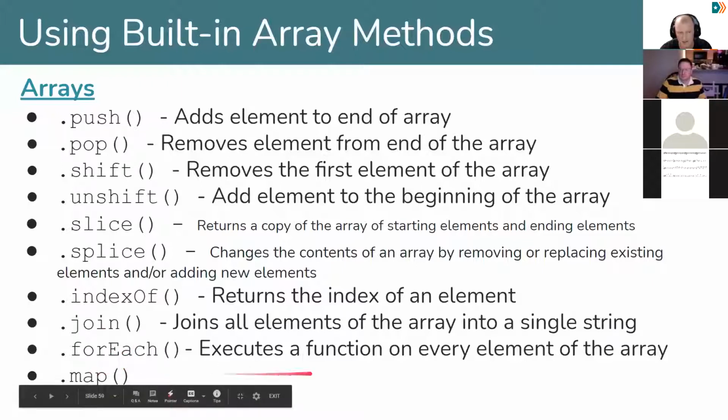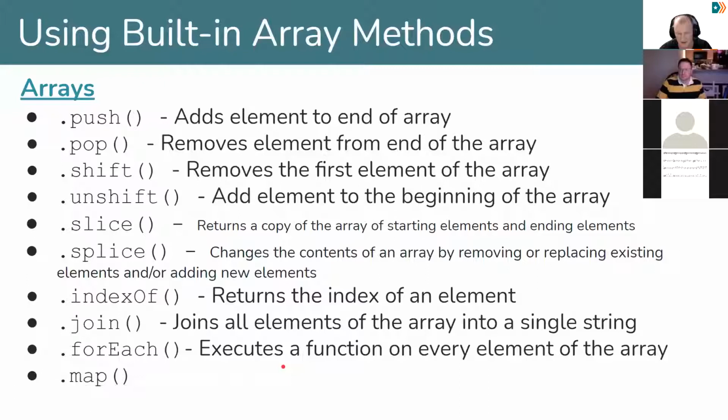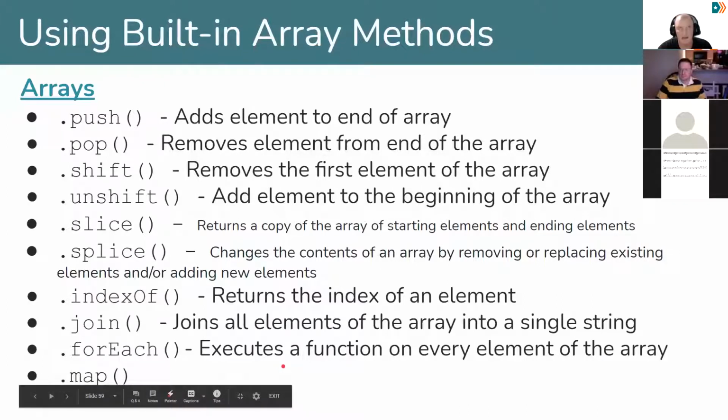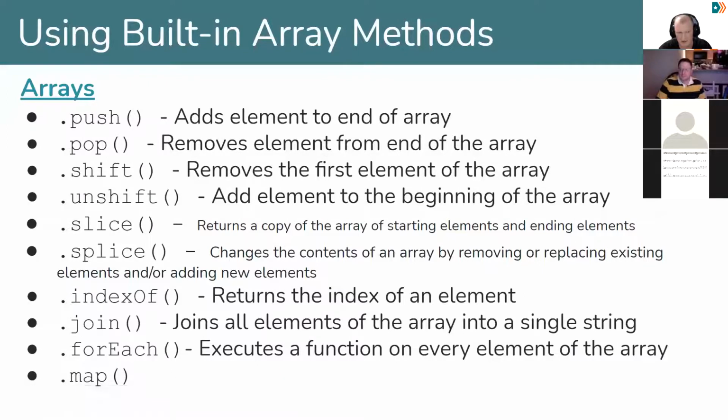And map, there's no description, but map does a similar thing to what for each does. We can pass a function to it, and map will iterate over whatever the collection is.